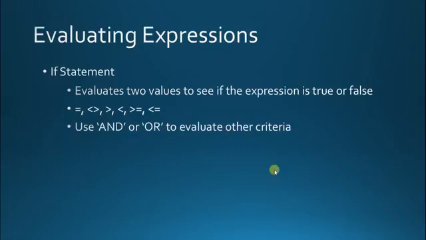Or, no, that wouldn't make sense, would it? Less than 10 and greater than 6. So that would give us anything between 9, 7, and 8, right? We would have 9, 7, and 8 would all be true. So Ands and Ors are very important to being able to determine some different results in our if statements.